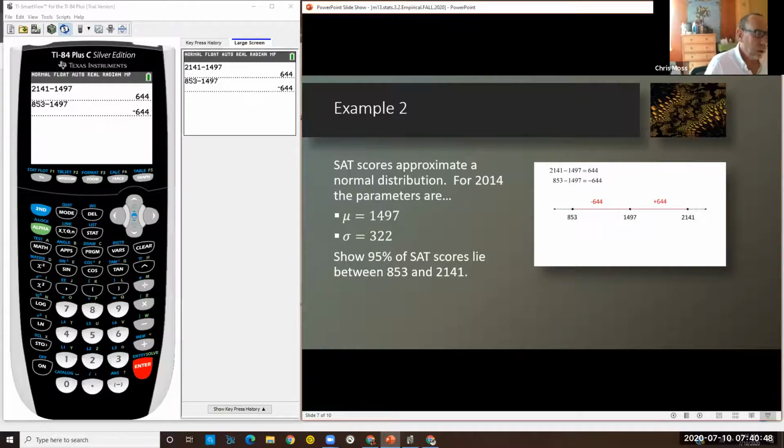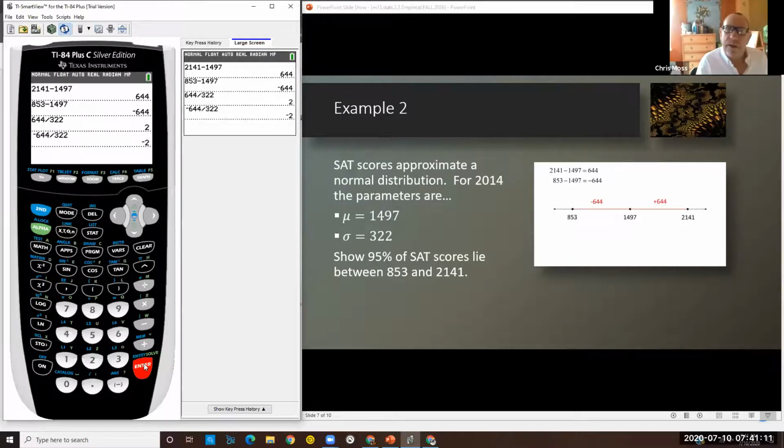I'll take the 644 and divide that by 322. I get a positive 2. Negative 644 divided by the 322 gives me a negative 2.